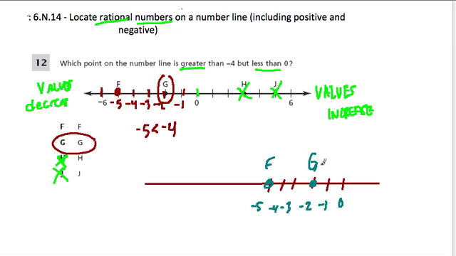Okay, they might say, well, where is -2.5? And they'll give you options here or here. What do you think? Well, if 0 is here, that means that the numbers this way from -2 have to be closer to 0, right? Because we're approaching 0. So in fact, this would be -1.5, and this would be -2.5 because it's further from 0.